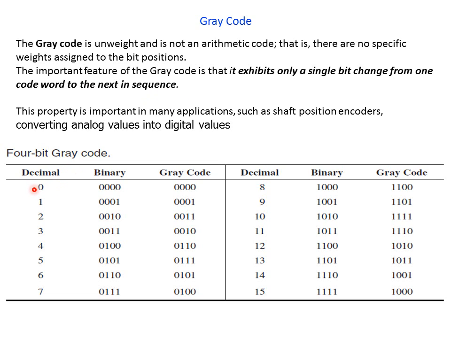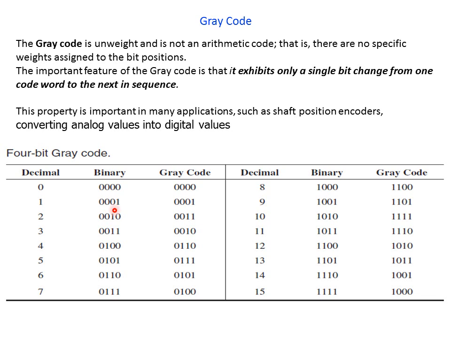For example, decimal 0 is 0000 in binary, and Gray code is also 0000. In this way, 1 is 0001 in binary and also 0001 in Gray code. Both are the same, but 2 is represented as 0010 in binary, whereas in Gray code it is represented as 0011.